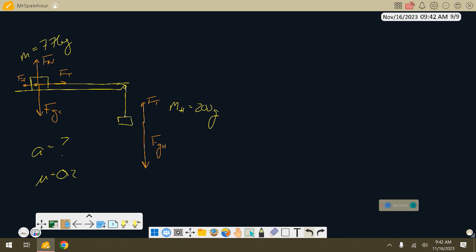The biggest thing to understand, and if you get this, I think the rest will fall into place, is number one, are both of these going to accelerate? Yes. Are both of them going to accelerate by the exact same amount? Yes. Think about this.